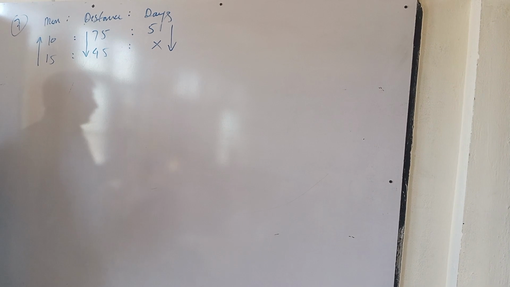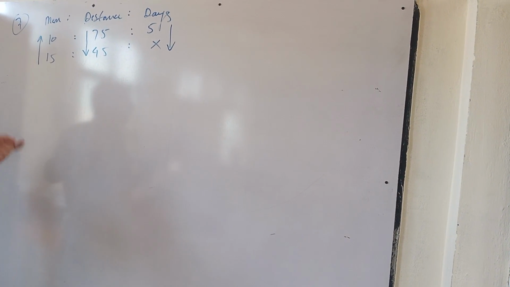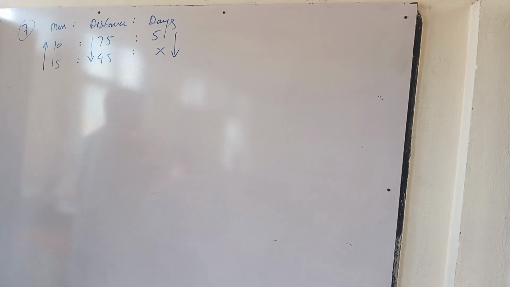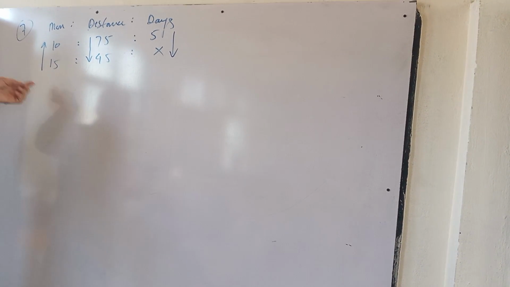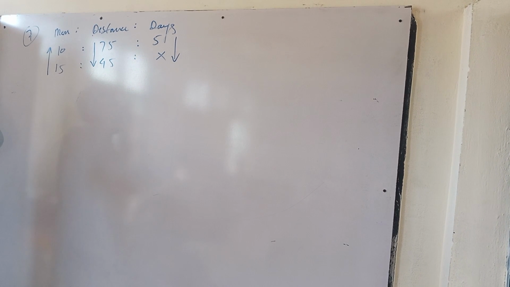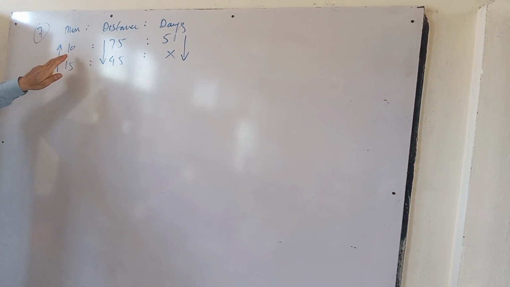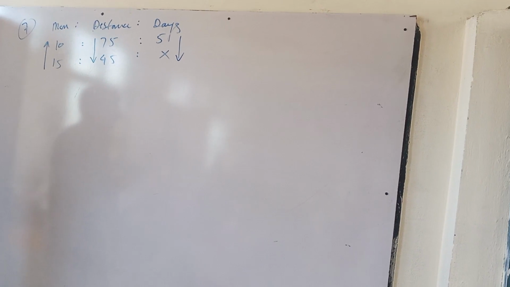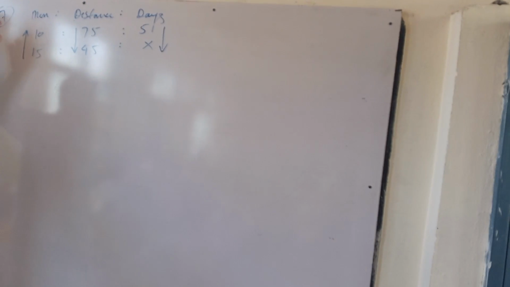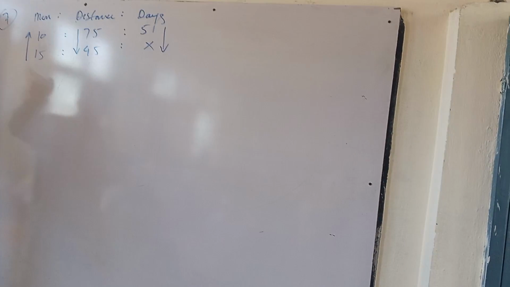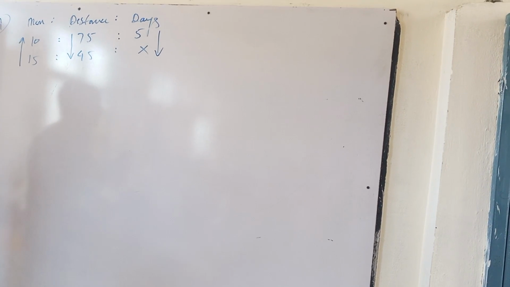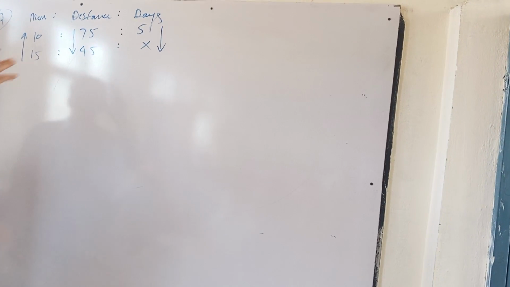Now we will use the arrow method, and in the arrow method the number which coincides with the arrowhead will be written on the upper side of the line.